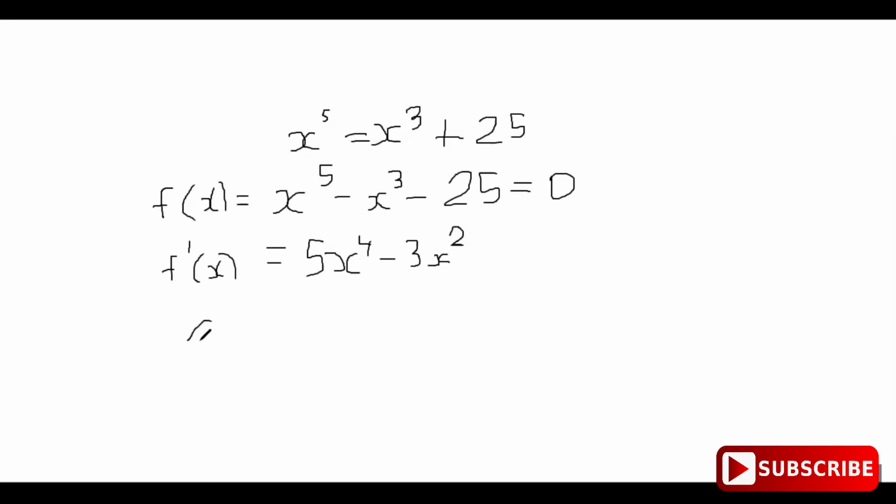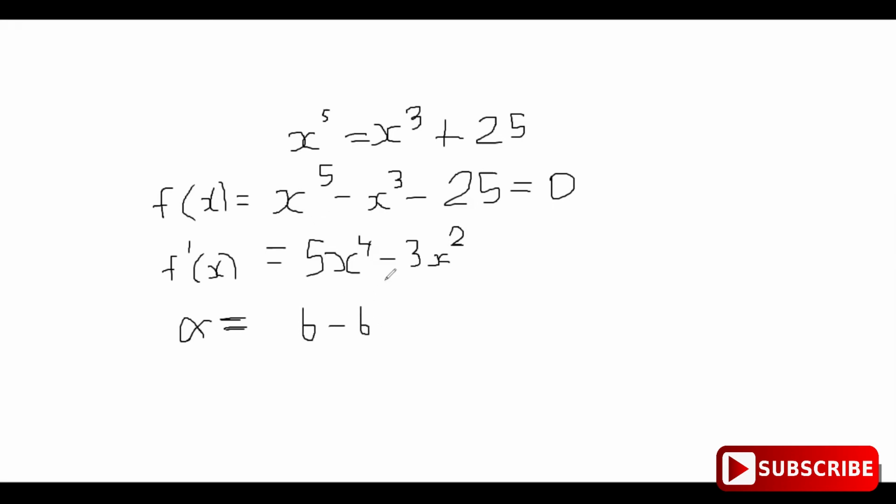And so now the root alpha, or xn plus 1, is equal to, I'm not going to write xn, that's too much subscript. Let's call it B. So B minus f of B.